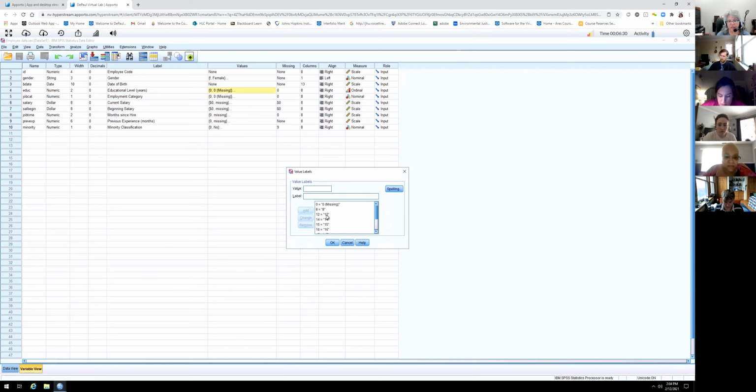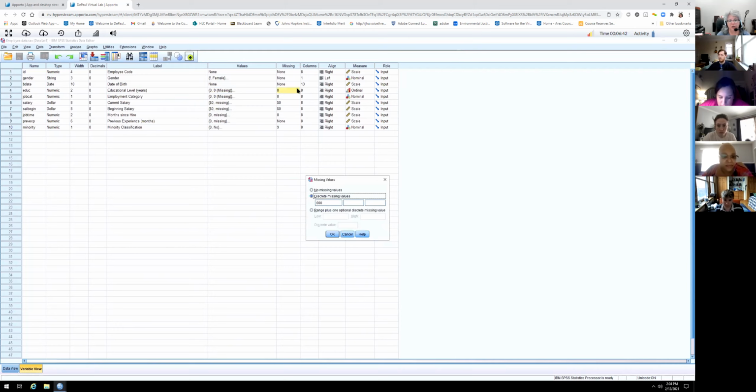They didn't have to code this, obviously. They're starting above high school. So this is number of years, and we're good there. And we have a missing value here of 0, right? Because we want to get people that are 12 and above in terms of their years.